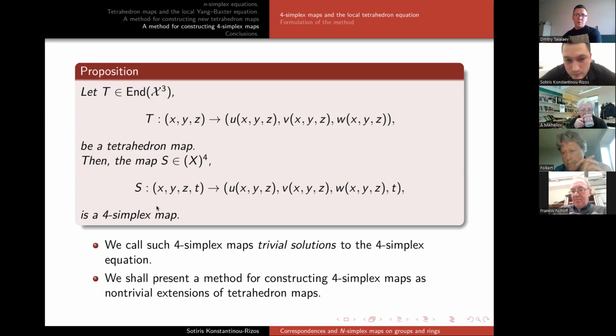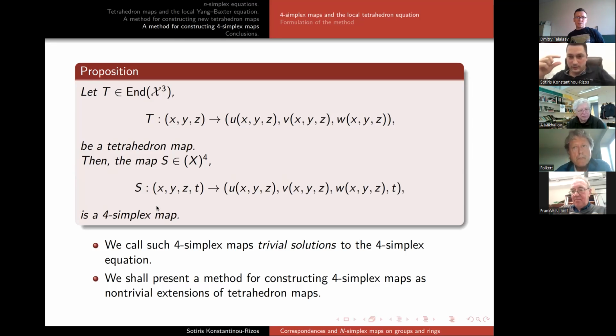Yes, and actually, as Volker said in his talk, the (n-1)-simplex well-stated local equation, if I use this terminology, also generates solutions to the next n-gon equation. But what was surprising is that I saw a very recent paper of Pavlos on arXiv. I can send you the link. Pavlos uses not the local one-gon equation.